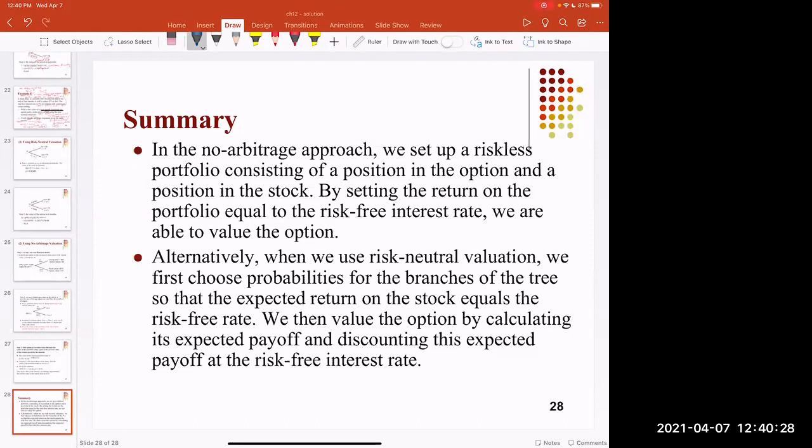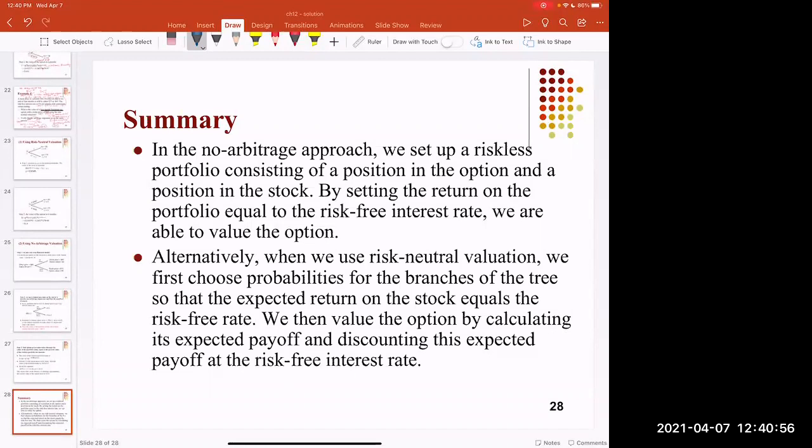We first choose probabilities for the branches of the tree so that the expected return on the stock equals the risk-free rate. So the first step, we need to set up an equation and find the risk-neutral probability, which is the probability when the stock price goes up. Once you find the probability for the stock price going up, you can find the probability for the stock price going down, right?